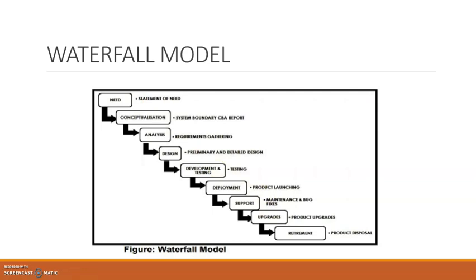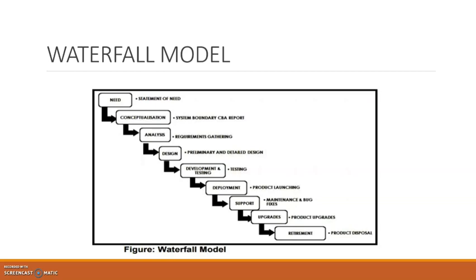Now, what is the disadvantage of going for this model? Consider that you are finding an error in the conceptualization phase. First we have analyzed the needs or the requirements, then we have formed a concept, and while forming the concept we have found that if we go for so and so case, there can be an error.